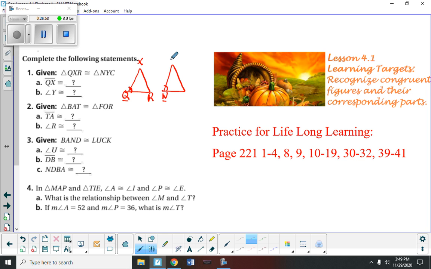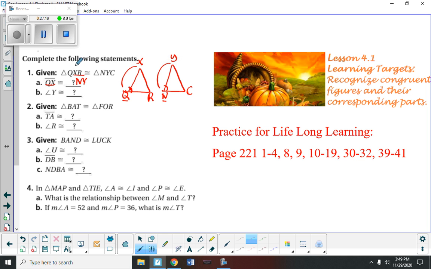NYC. So QXR, NYC. Then when we look at what corresponds, QX is this side. That would correspond to segment NY, and you have to have corresponding parts together.